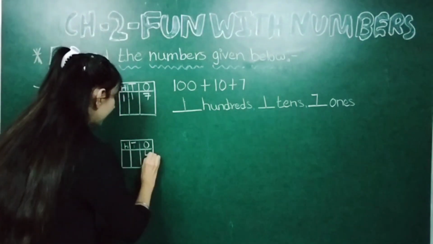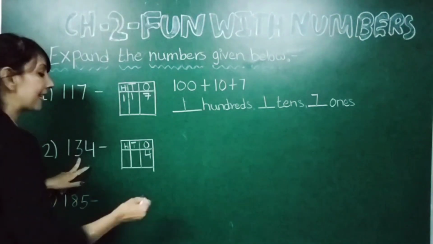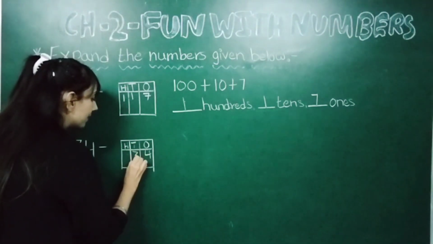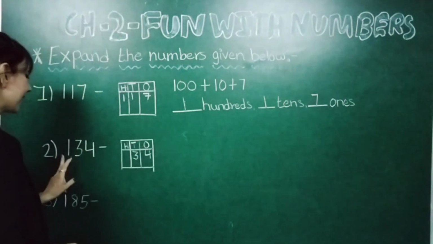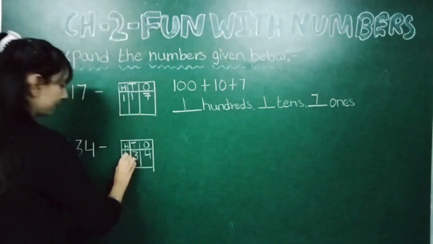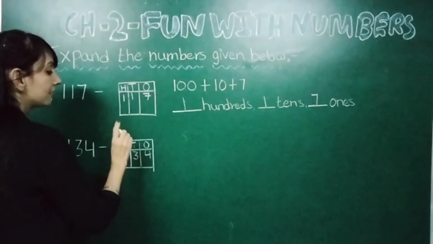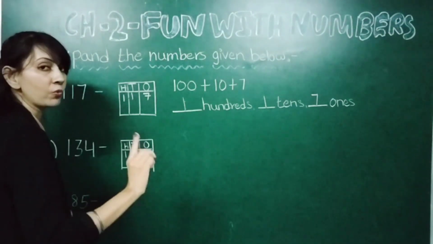Now here you can see 3, that comes in tens place. So here we will write 3, 3 tens, and this 1 is 100, so 1. 3 times 10 is 30. Then 4, 4 ones.